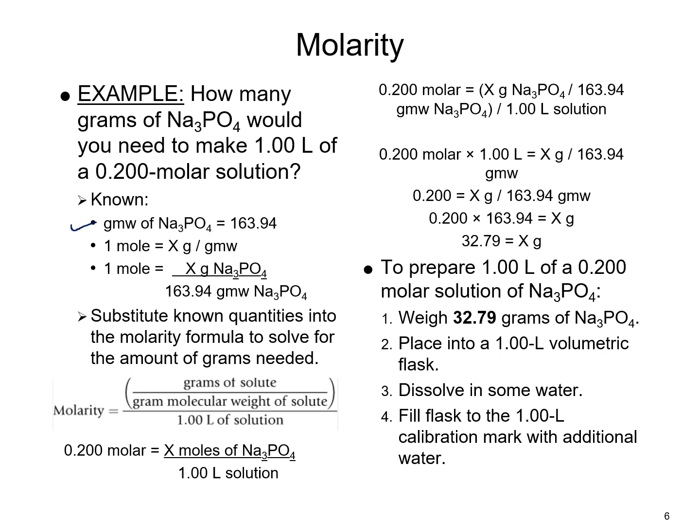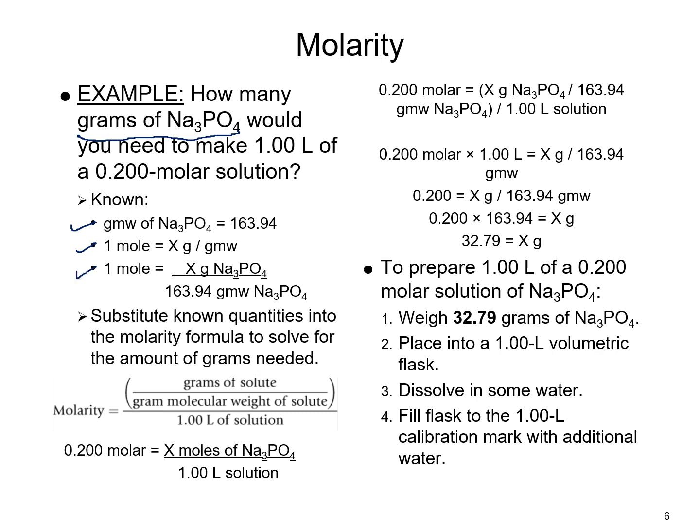We know that 1 mole equals X grams per gram molecular weight. So what we're trying to figure out is: how many grams of the TSP do we need? So we know that 1 mole equals X grams of TSP over its gram molecular weight, which is here. So this is what we know.